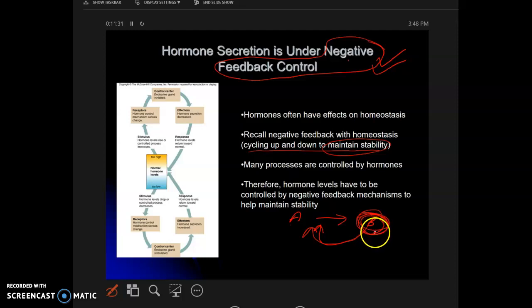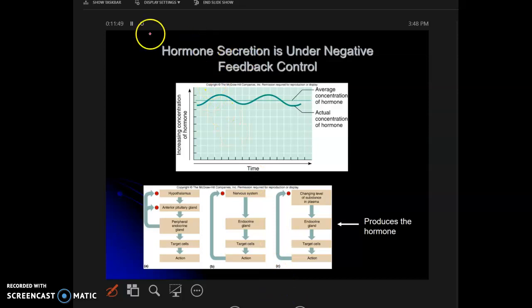So the product is going to stop or slow down the initial stimulus that actually produced that reaction. All right, so here, as you can see, the hormone level, and this slide was just to show you the average concentration of the hormones. Now there are different ways, and we are going to talk about that as we pick up each hormone as we go along.